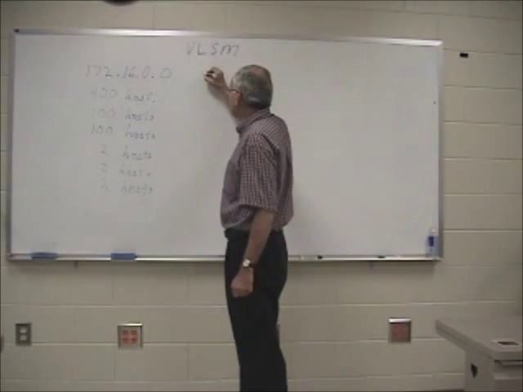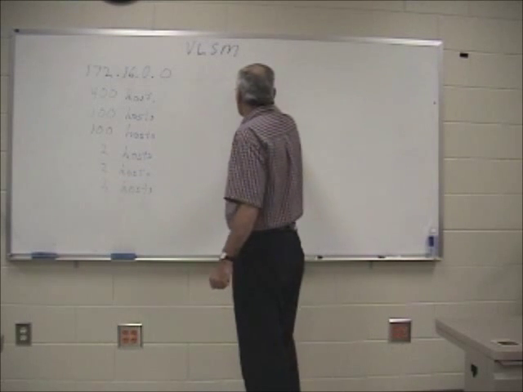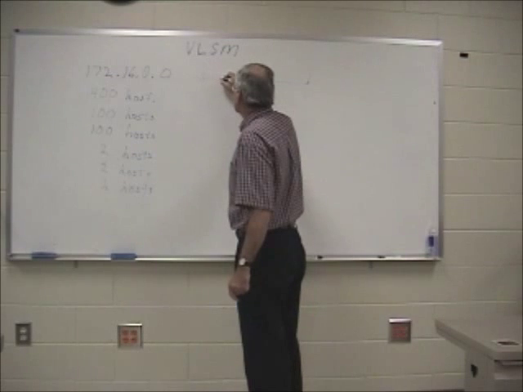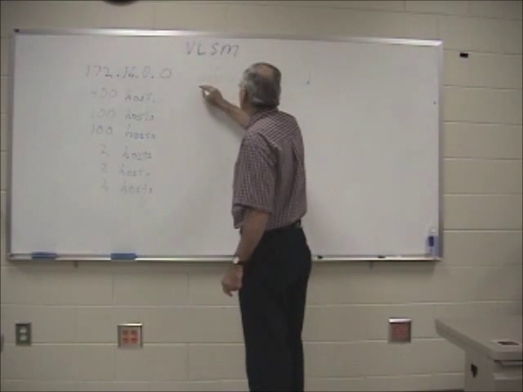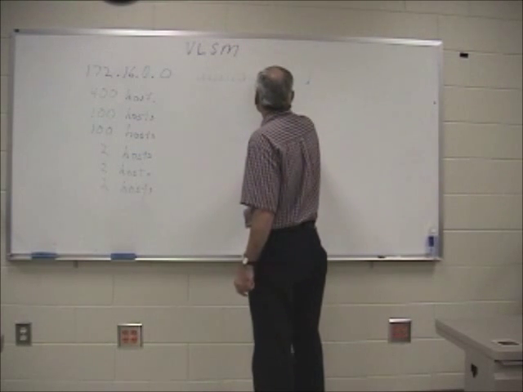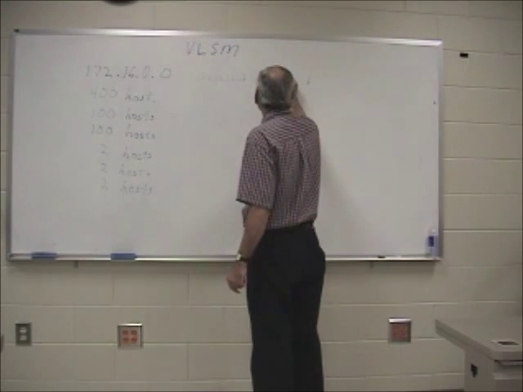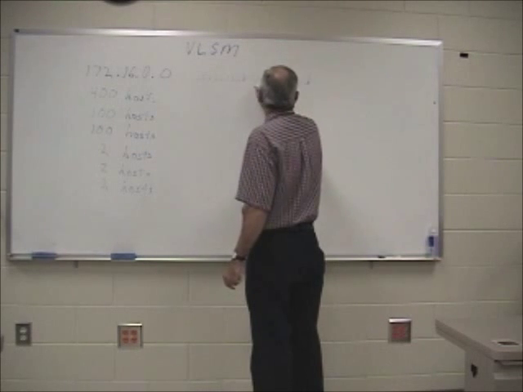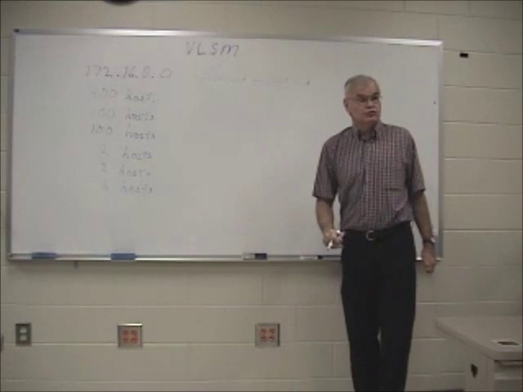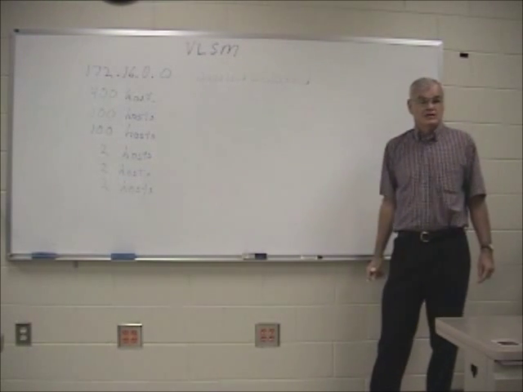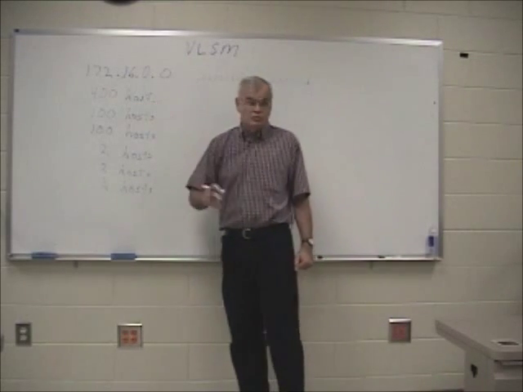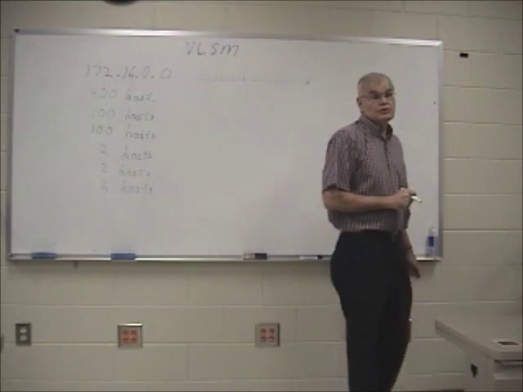So we've got 8 positions in each, 2, 3, 4, 5, 6, 7, 8. So we've got 2 octets to use. 16 bits. We need 400 hosts. Okay?